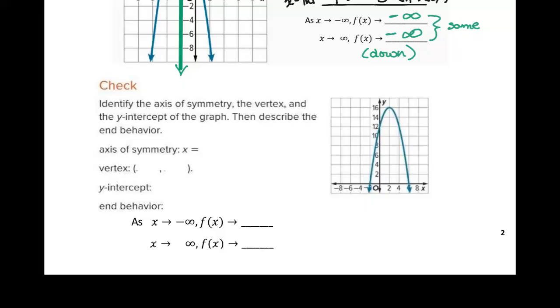All right, how we doing? Did you make some progress? Are you doing that in the notes?